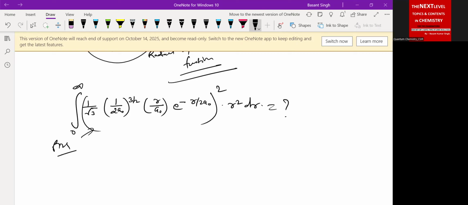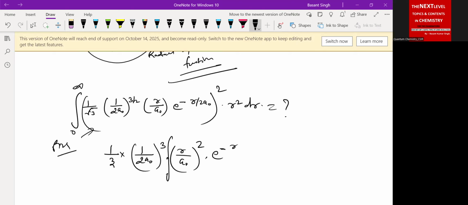So by integration, squaring this becomes 1 by 3, and this becomes 1 by 2a naught to the power 3, and then r by a naught to the power 2, and e to the power minus r by a naught, because squaring multiplies by 2, and r square dr from 0 to infinity.